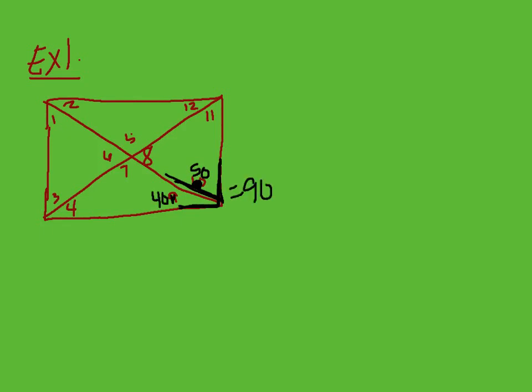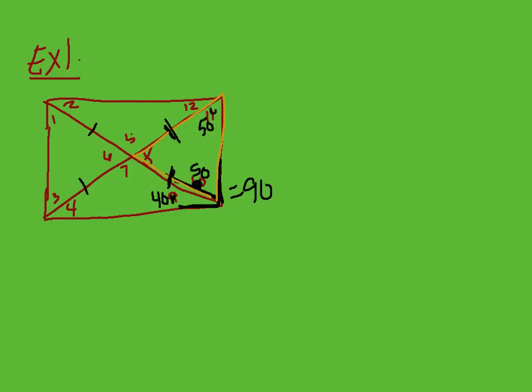Okay, now, if you remember, all the diagonals also bisect. So I'm going to throw these in here. So what kind of triangle do I have if I just highlight this one right here? What kind of triangle is that? Hopefully you're saying to yourself, that's an isosceles, because I have 2 congruent sides. So if these 2 sides are congruent, that means that these 2 angles are also congruent.